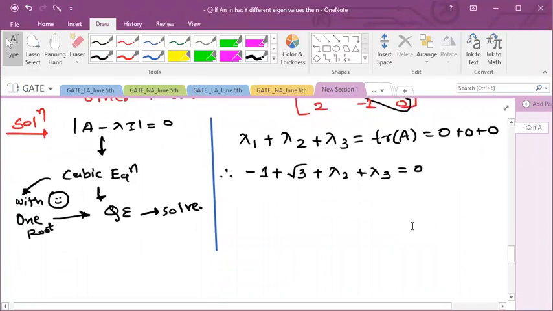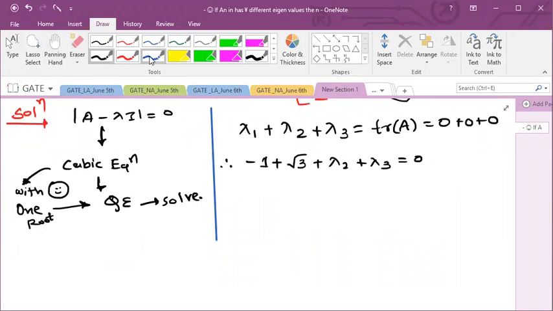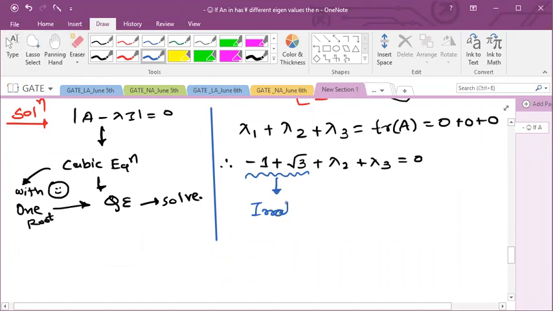Now -1 plus root 3 is a rational number or an irrational number? It is an irrational number, isn't it? You know that irrational roots are always in conjugate form, right? That means if one root is -1 plus root 3, then its conjugate will be -1 minus root 3.